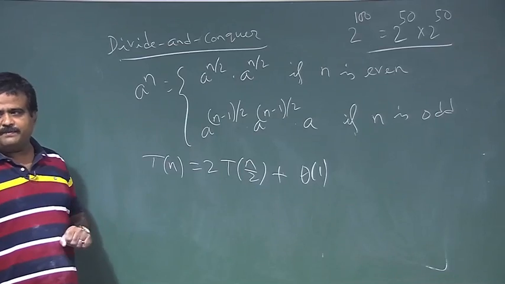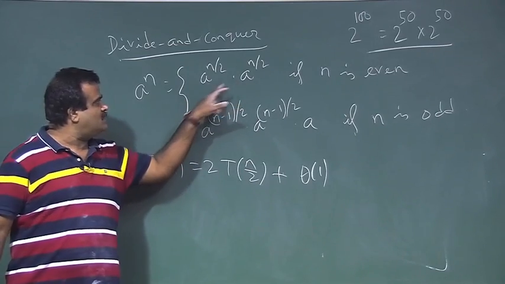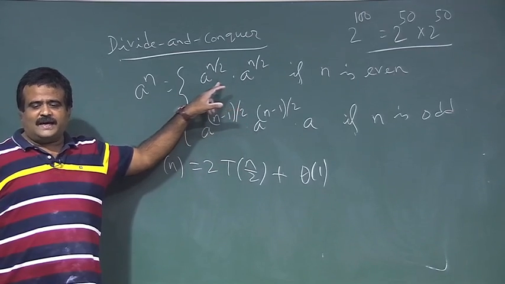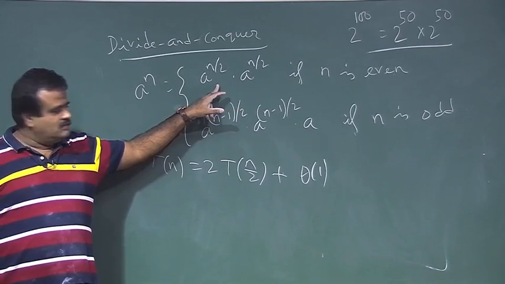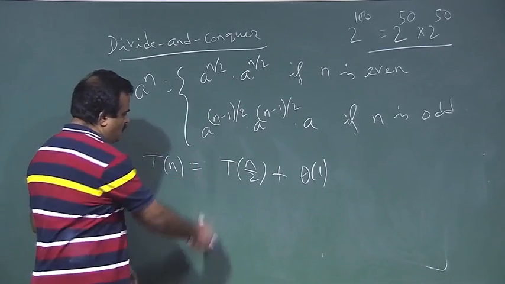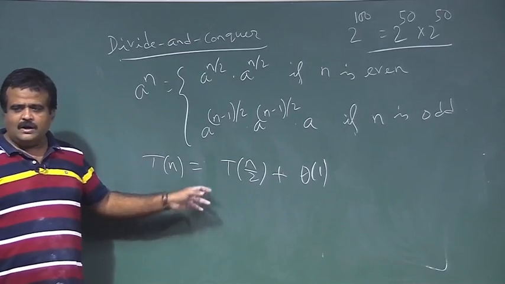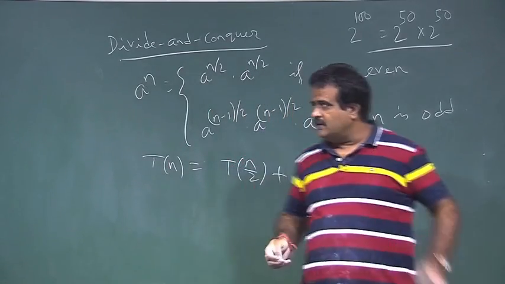No, this is not correct. How many subproblems? Do we need to really calculate this twice? Once we calculate the value a to the power n by 2, we can store it. We do not need to calculate it twice. So, we basically have 1 subproblem.